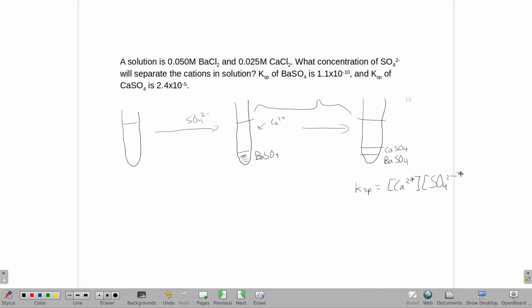Alright, and we can plug in our KSP, and we already know what the calcium concentration is. It's 0.025. We're going to solve for the SO4 concentration.